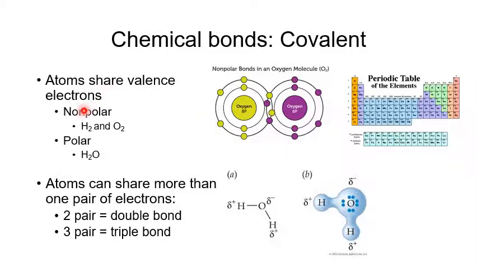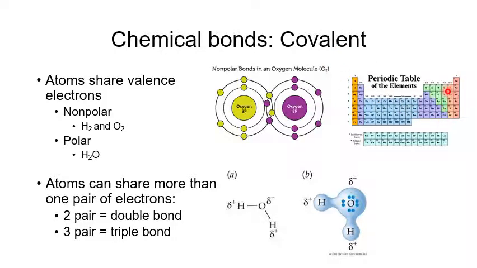Okay? Let's look at O2. So oxygen sits here. And here is what O2 would look like. It's two oxygen atoms bonded together covalently. Covalently means they are sharing the electrons. One's not taking one from the other. They are sharing the electrons.